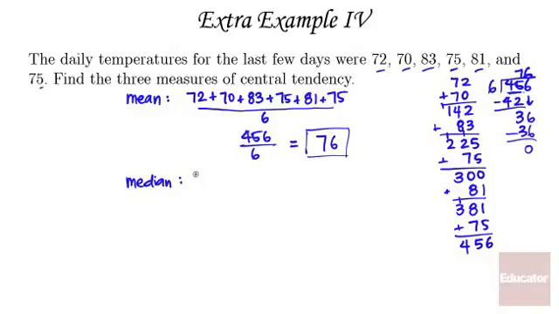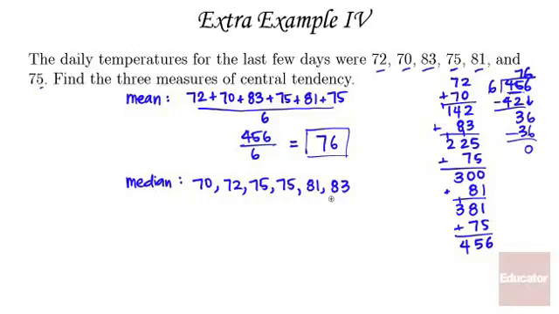So the smallest number is 70. Then, let's see, 72. And then 75. Then again 75. And then 81 and 83.